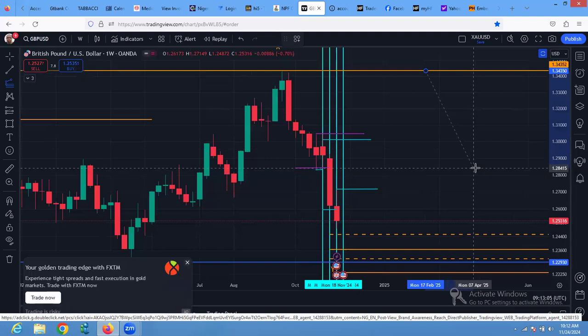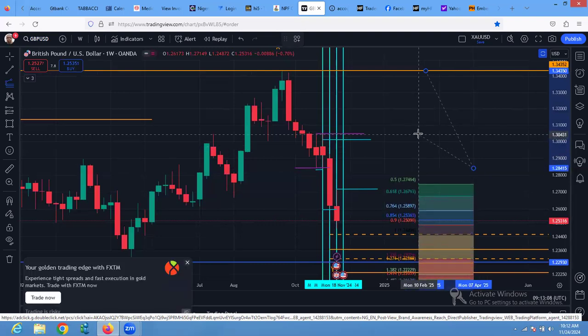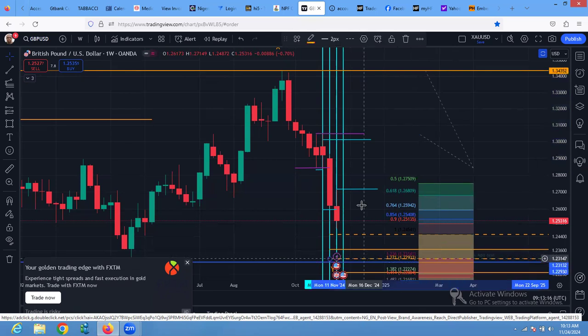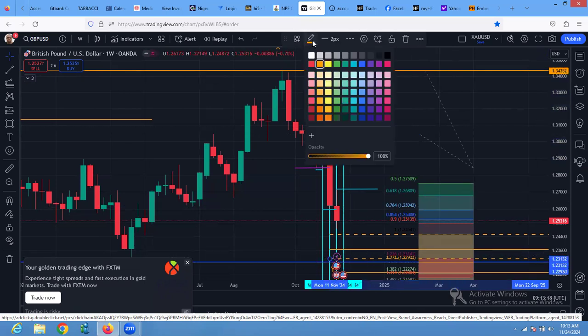As an extension here, because that may guide us. A 1, 2, 3, it's really here. So let me just change that color.